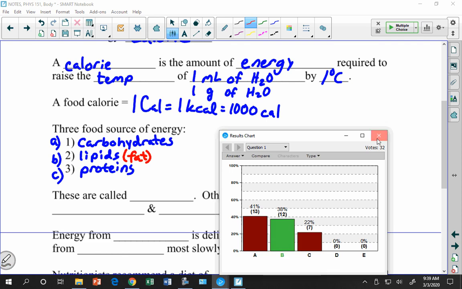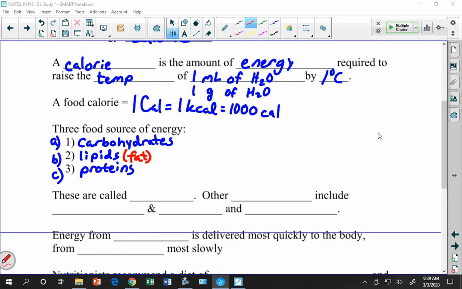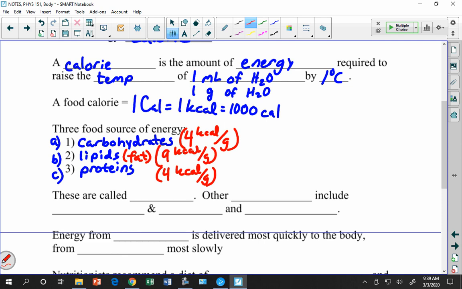Their energy density on average is 4 kilocalories per gram for carbohydrates, and proteins have a similar 4 kilocalories per gram. But lipids or fats have more than twice the energy density, 9 kilocalories per gram. All of them are important to your body, of course, but they just have a higher energy density.